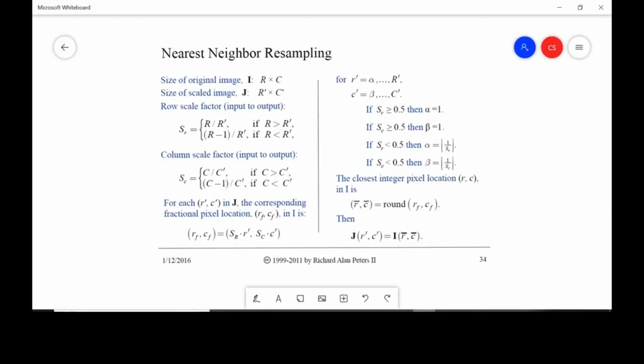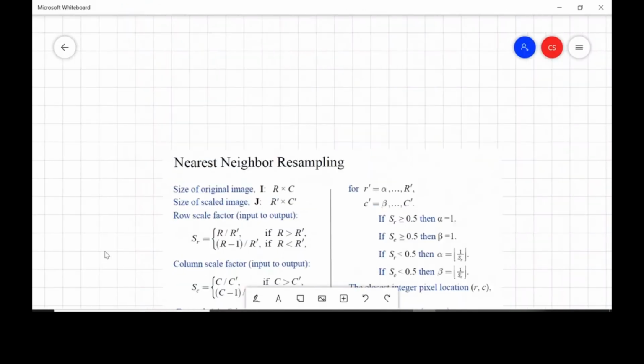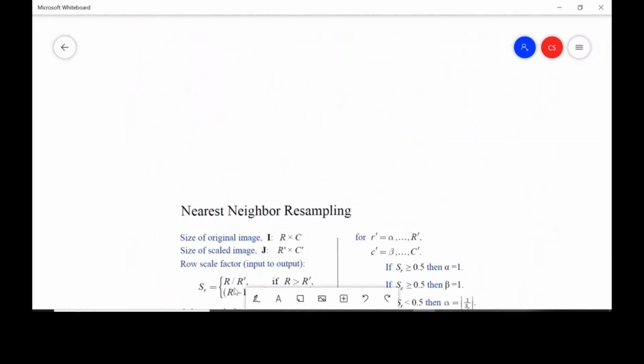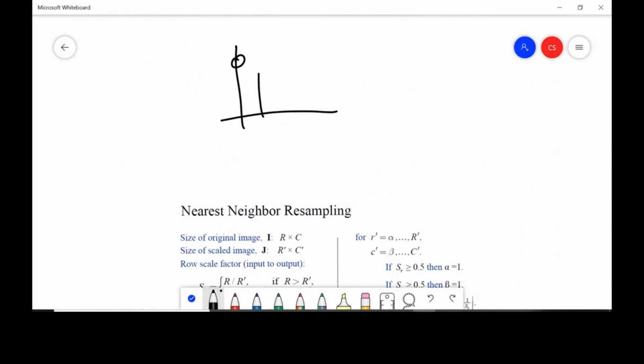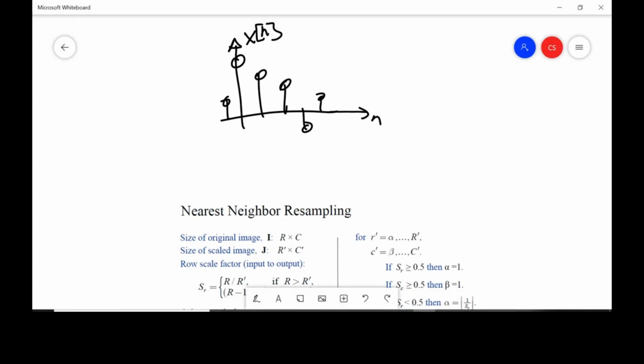Okay, already prepared a bit. Let's say that we have a signal like this one. This is n, this is x of n. And we can implement two operators.